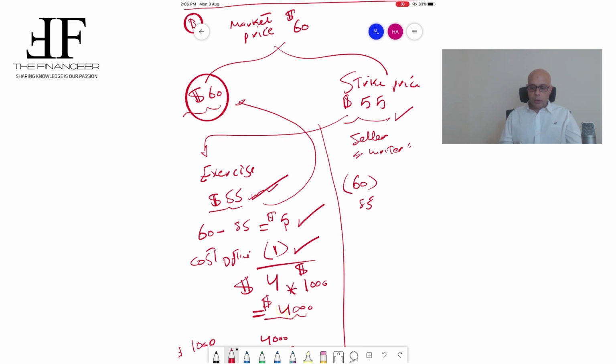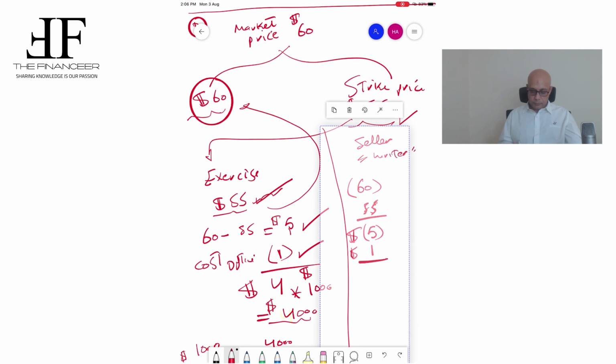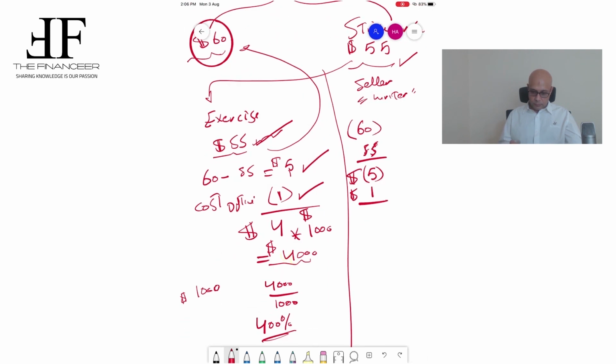So the net loss here will be $5 for the seller. But careful again, the seller collected $1,000 in the beginning for selling this contract to the buyer, and per share it is $1. So the net loss on my side is $4.